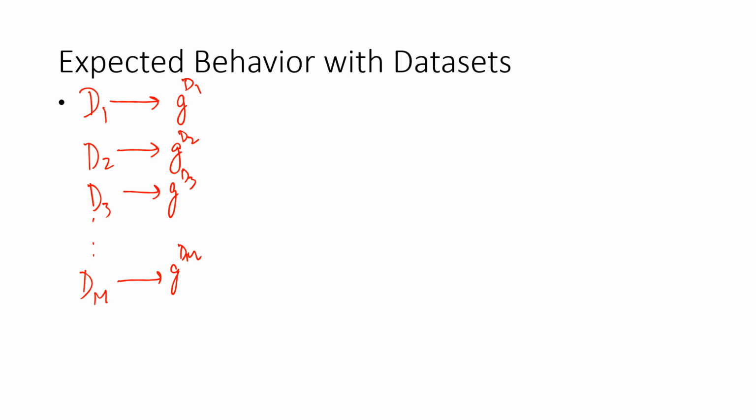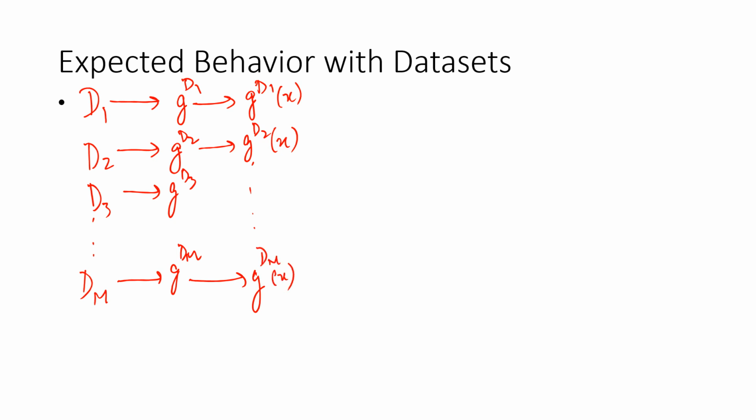Now, once we have this G, we need to evaluate on a test point, which is a fixed point, just like we did in the previous example, where we were trying to predict the value for a given test point. So the way we are denoting it in this derivation is G D1 of X, because it's just a function. So G D2 of X, and similarly I'll continue to G DM of X.